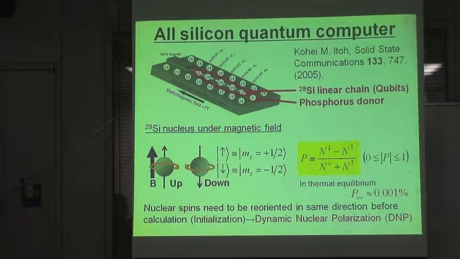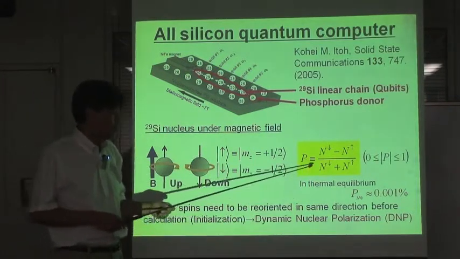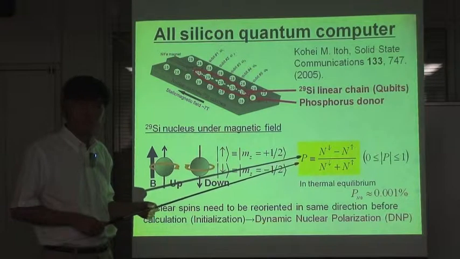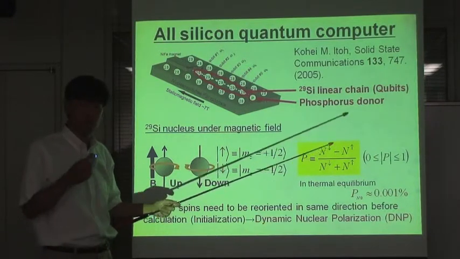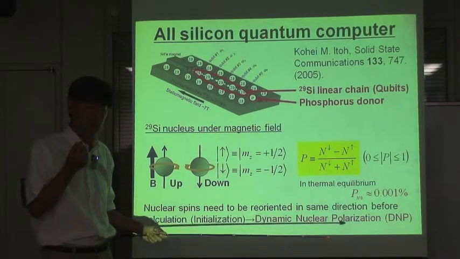Before we go into the detailed discussions, let me define a few things. First, nuclear spin up is defined as the direction of the externally applied magnetic field. Down is the opposite direction. Here the magnetic quantum numbers are given for the up and down directions. Also, this value is important: polarization. Polarization is the amount of nuclear spins or electron spins that are polarized.